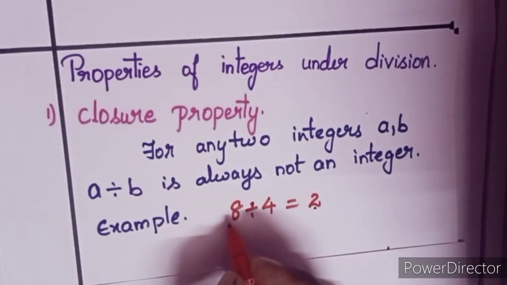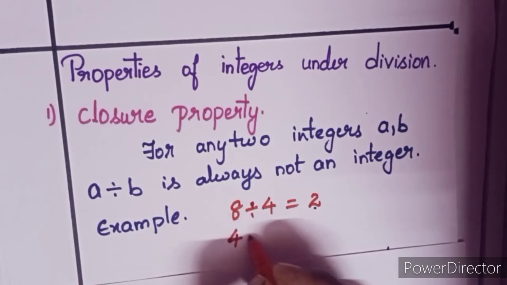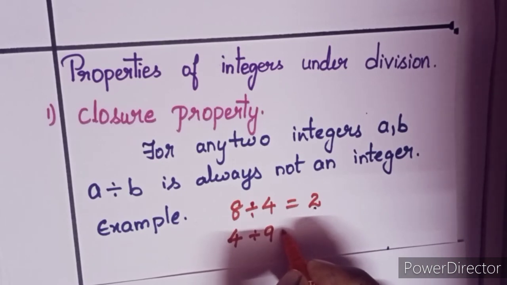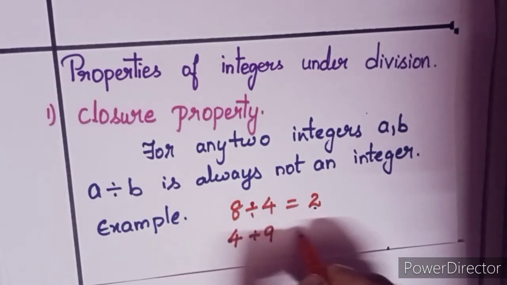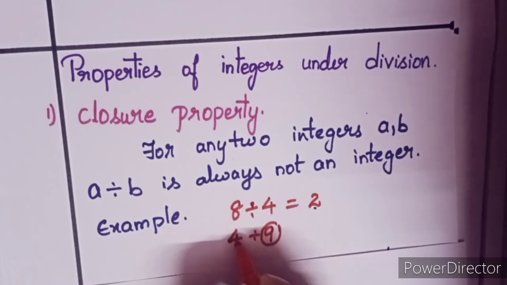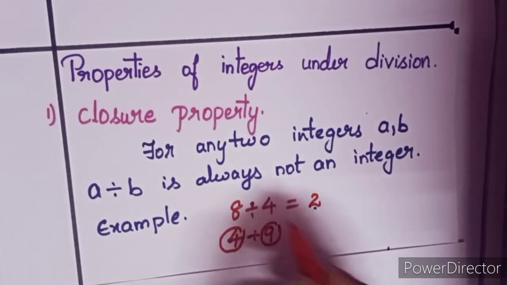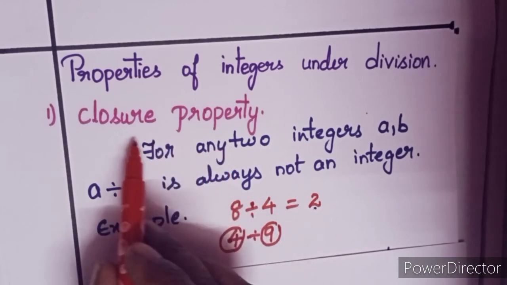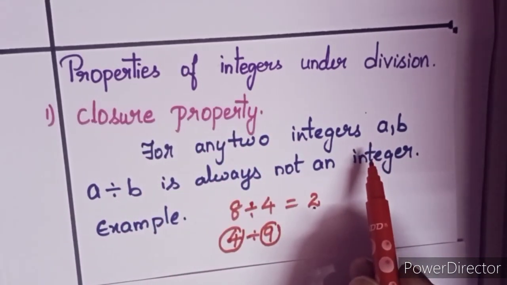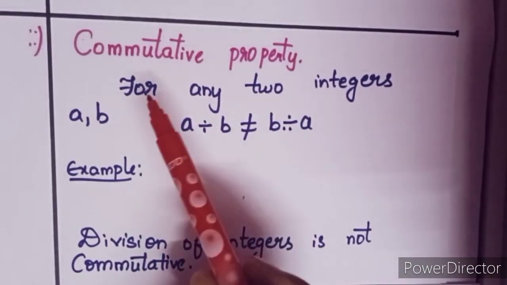Yes, 2 is an integer. But in some cases, suppose we take 4 divided by 9. Is it possible, children? No, it is not possible. Why? Because here 9 is bigger, 4 is smaller. So the closure property is not satisfied under division of integers, children.